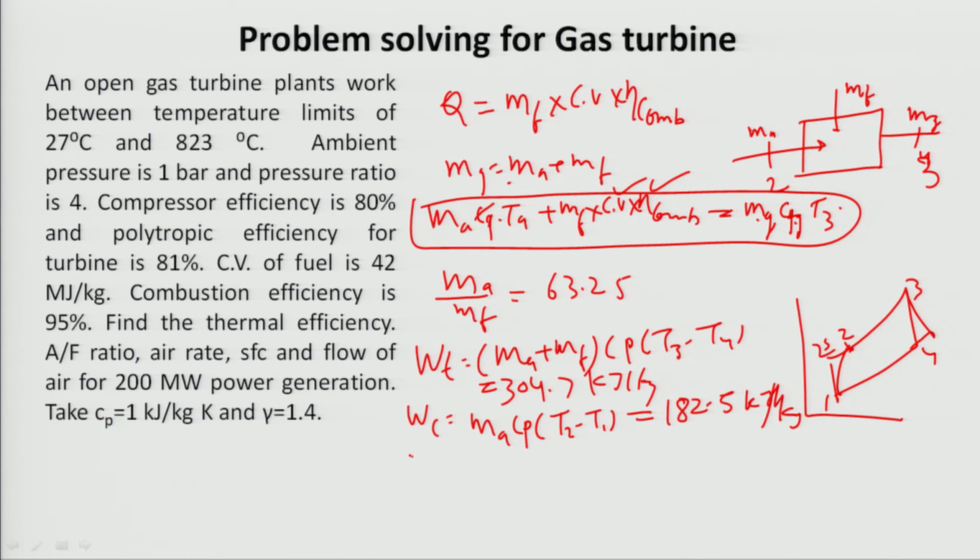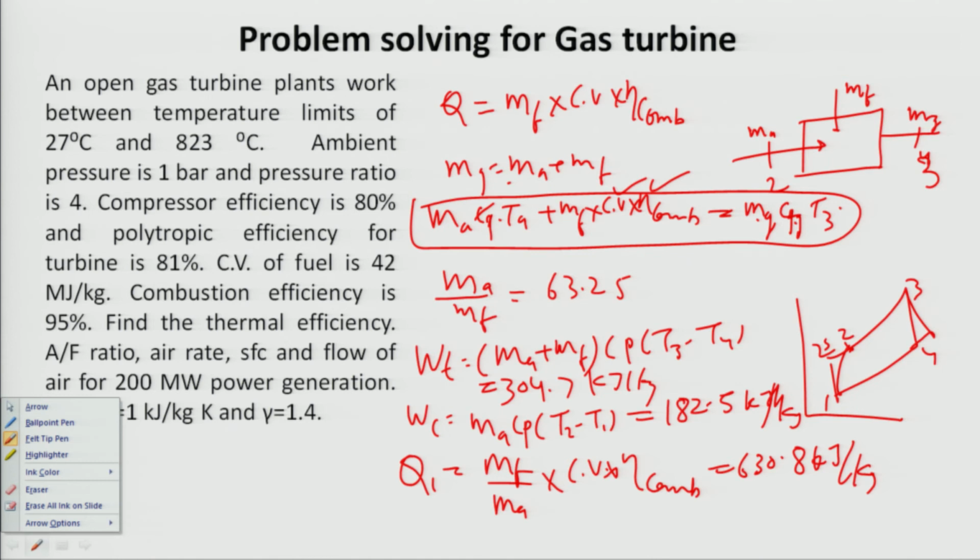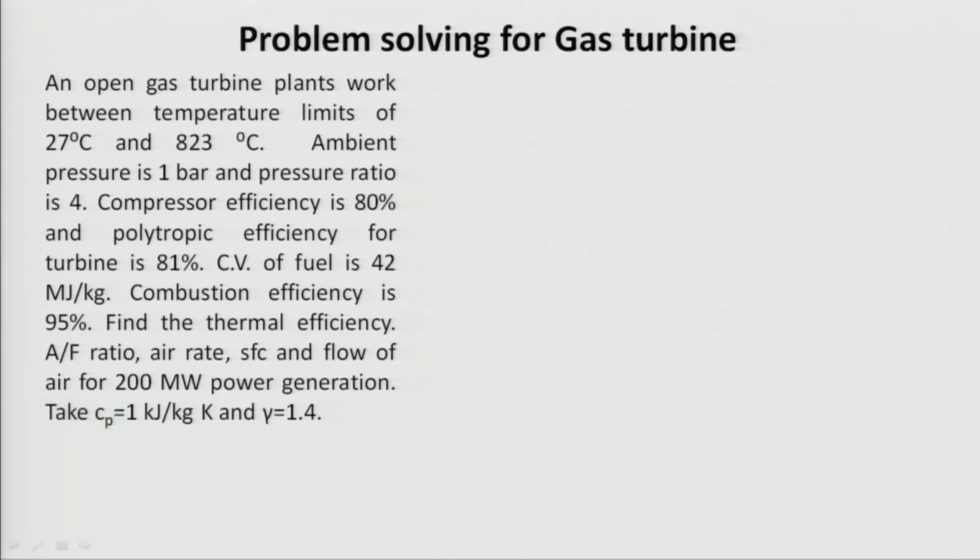Heat supplied Q1 for 1 kg of air: we see Mf upon Ma, and calorific value and combustion efficiency. Heat supplied here comes to 630.8 kilojoule per kg. So, these are the different values we have found out. Now, only put the values in this equation.